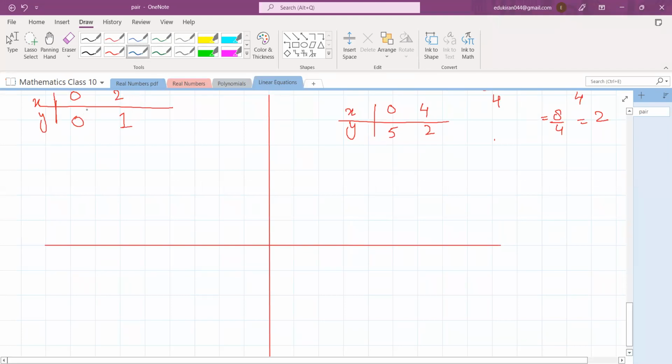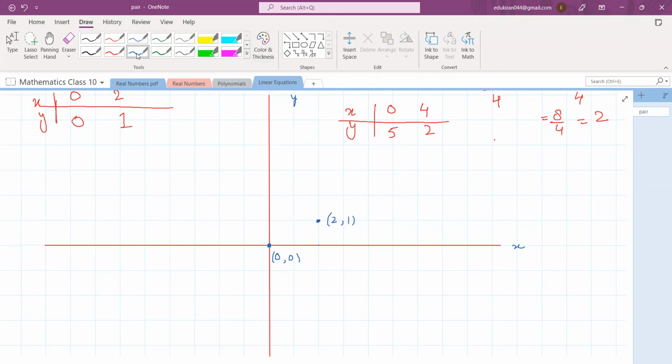Quickly plot it for the first line. Okay, L1 I'm plotting. This is my x-axis, this one is my y-axis. Please mark the numbers 1, 2, 3 that you already know. When x is 0, y is 0, one point. So these are the coordinates 0, 0. Another, x is 2, y is 1. So this is the point, right? 2 and 1. Okay, so quickly join them.